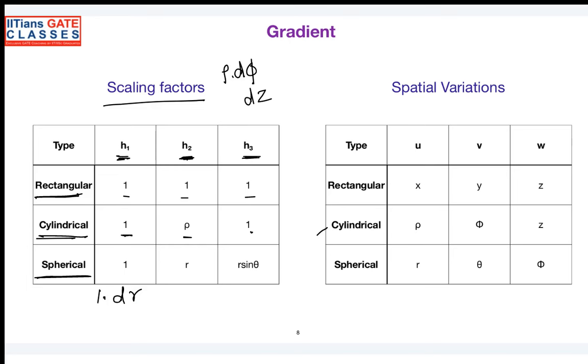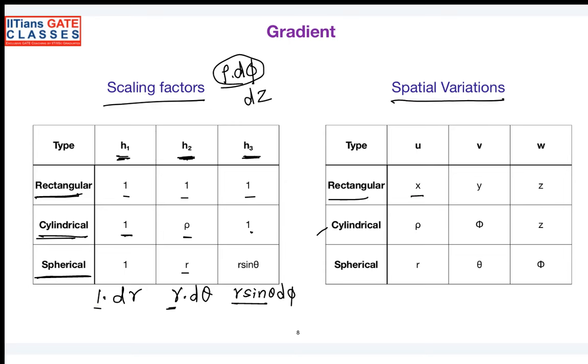In phi direction, you already had rho into d phi, so that will be r sine theta into d phi. So the multiplier will be r sine theta in spherical. So what are the spatial variations? In case of rectangular, you may have change in x, y as well as z. Cylindrical means rho, phi and z. In case of spherical, r, theta and phi. So is it clear for everybody what the scaling factors and the spatial variations are?